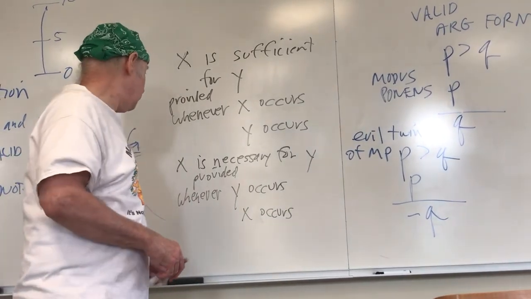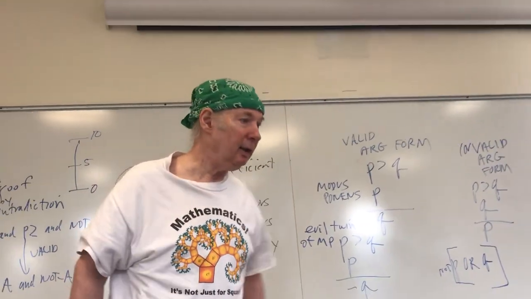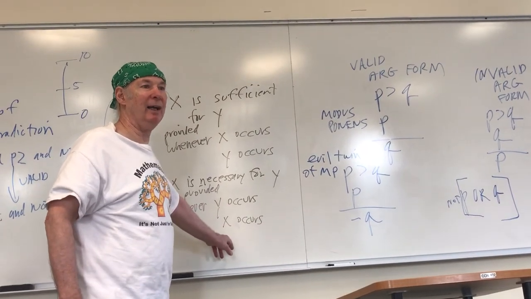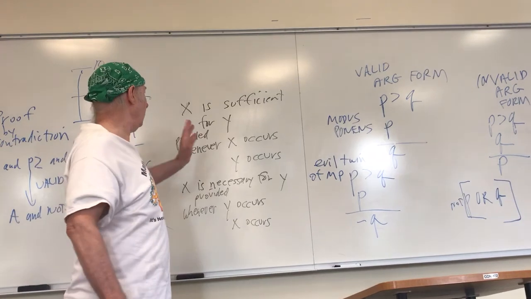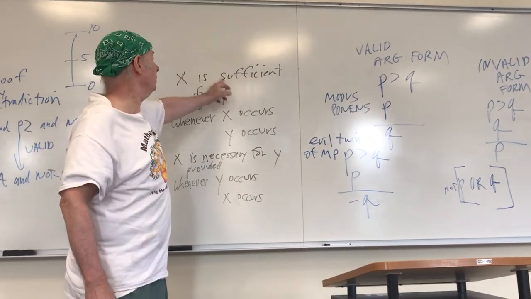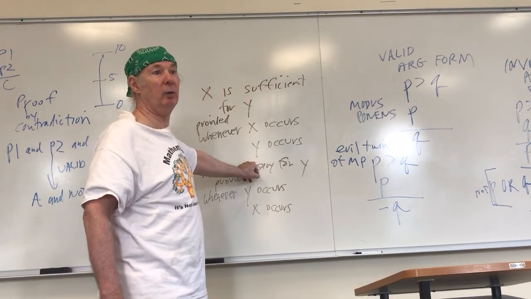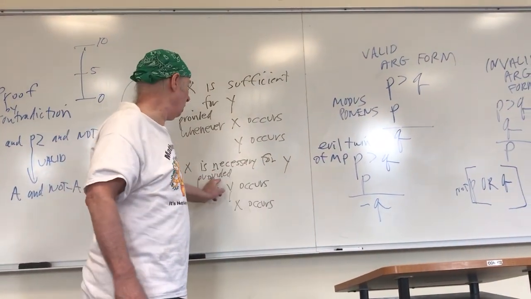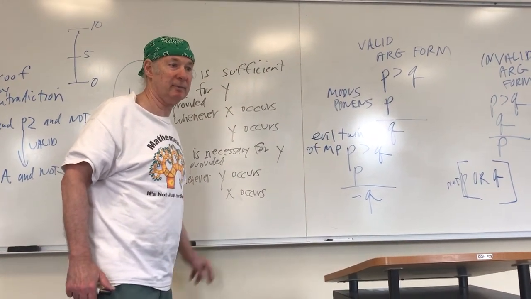So to show X is not necessary for Y, show you have Y and you do not have X. So to show X is not sufficient for Y, show you have X and you do not have Y. To show X is not necessary for Y, show you have Y and you do not have X.